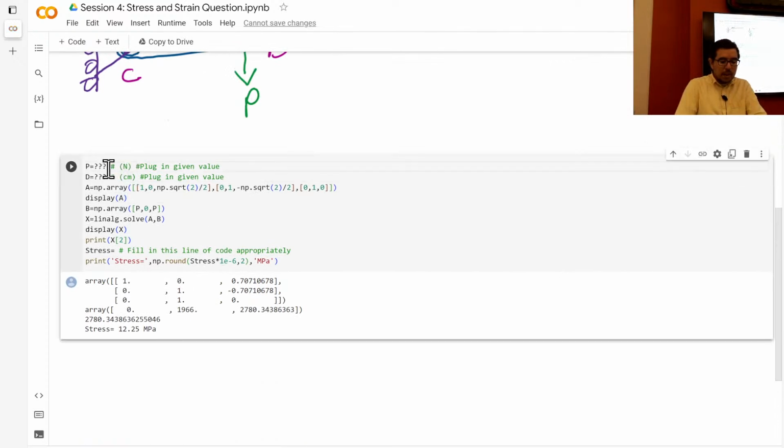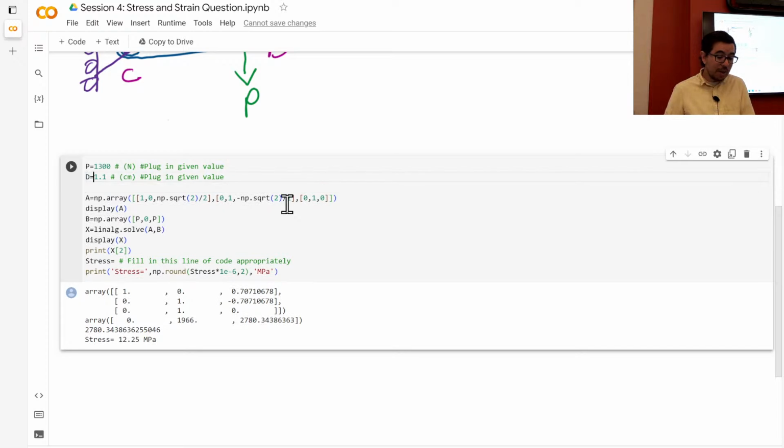Maybe you have 1,300 newtons of force in your problem, and maybe 1.1 centimeters as your diameter. What I did to make it easier is I just made it 0.011, and I changed this to meters.